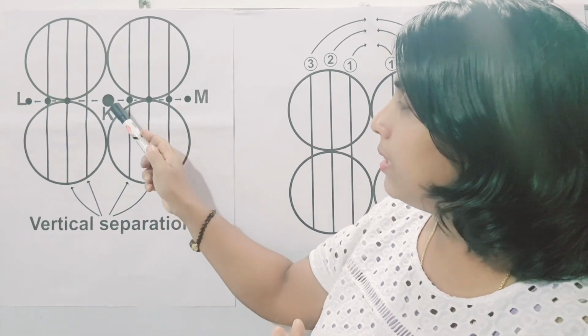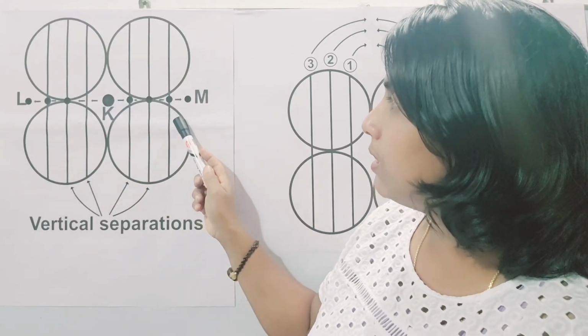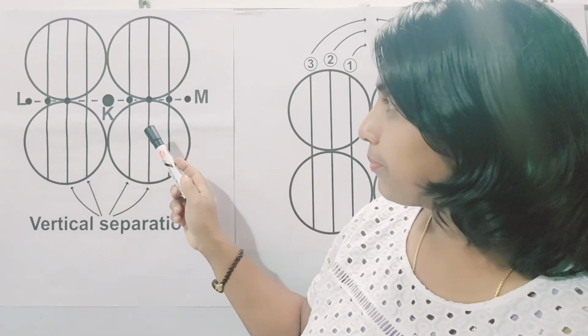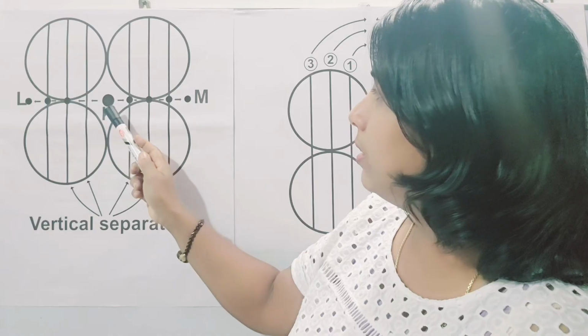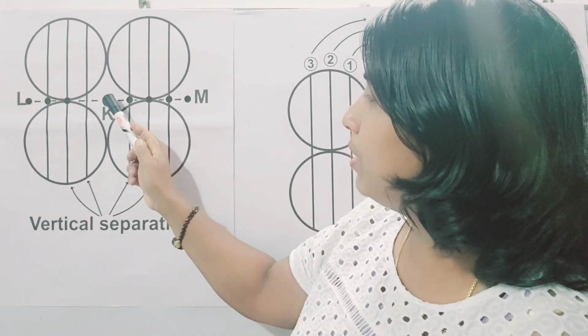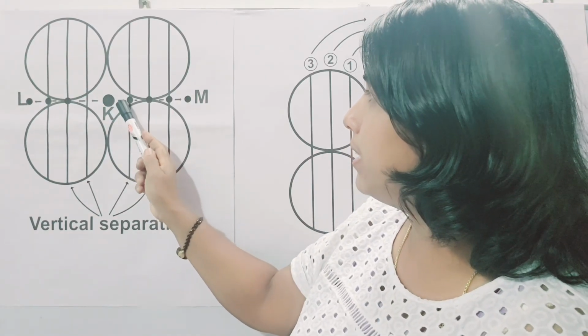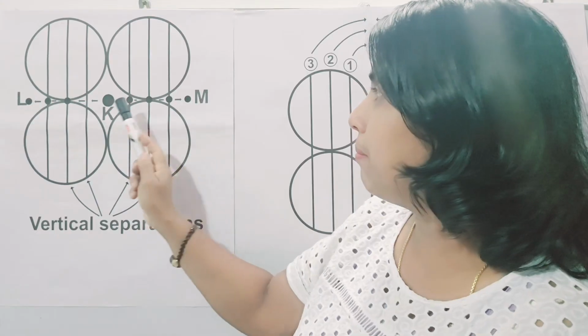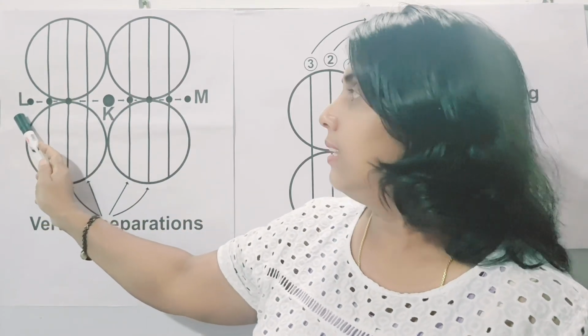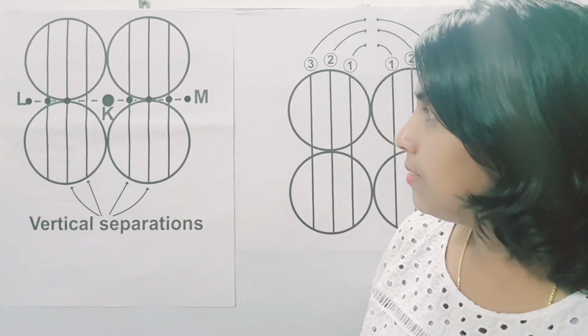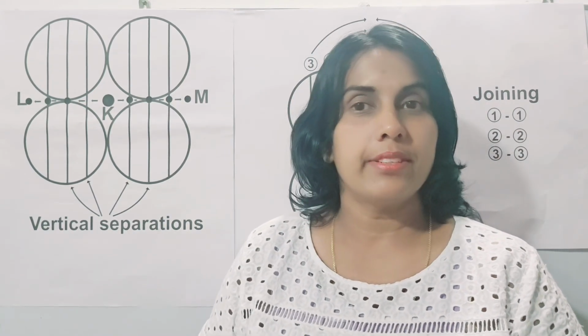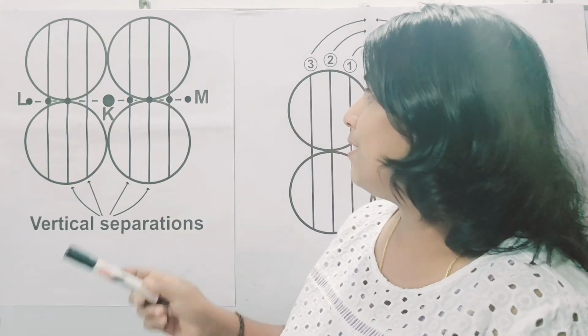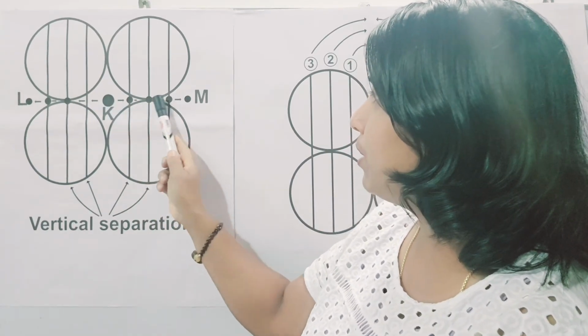By creating the vertical separations, the nuclear energy is brought towards M and L. In other words, the genetic technology, the polish characteristic, is brought from here to here.